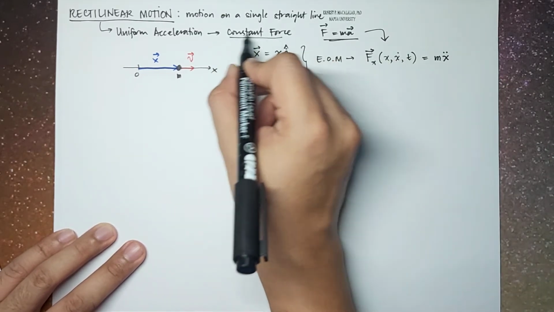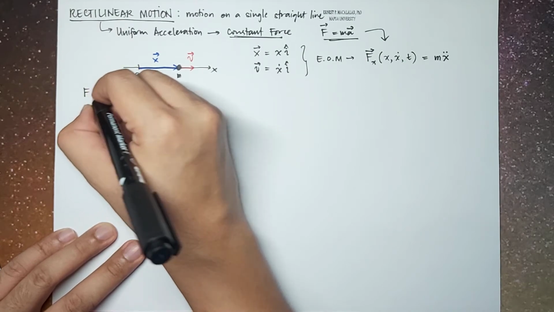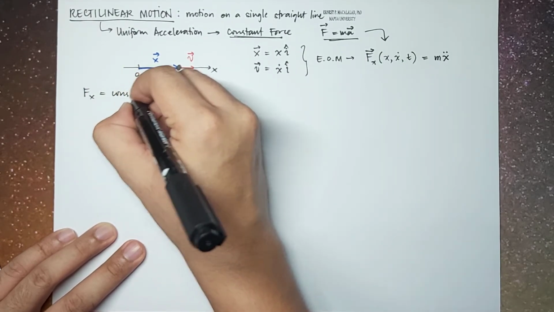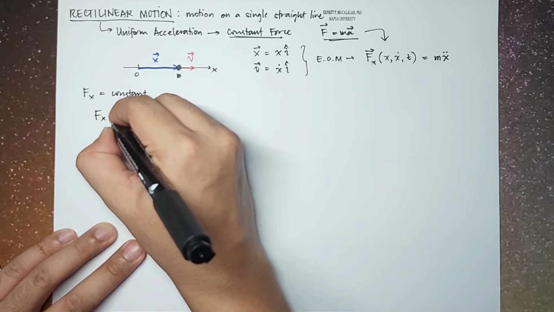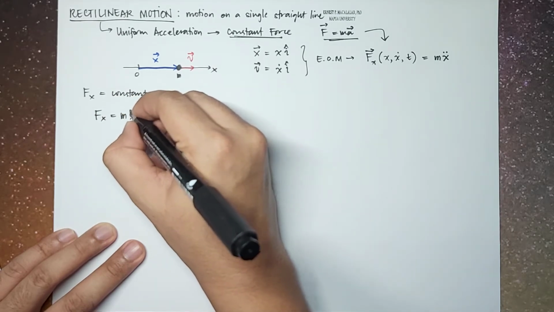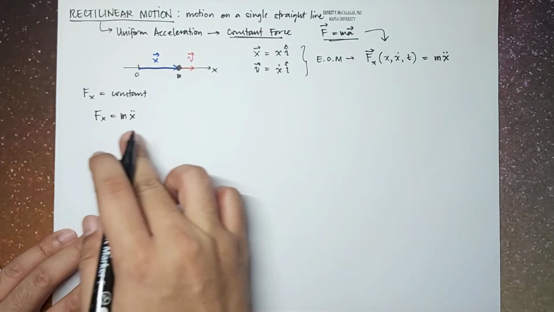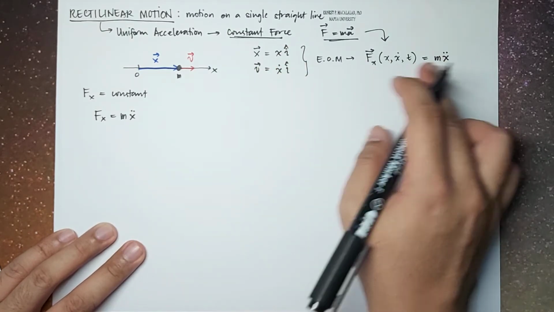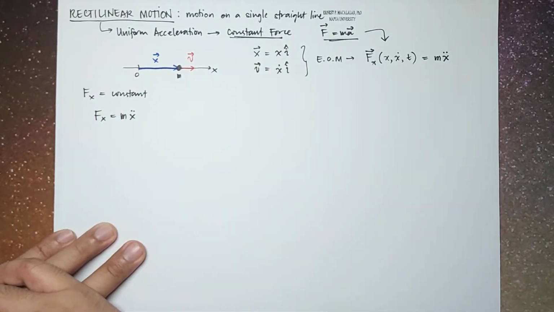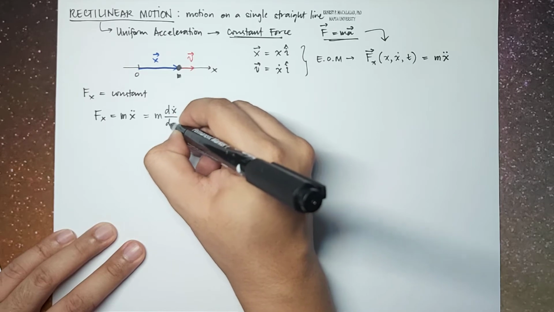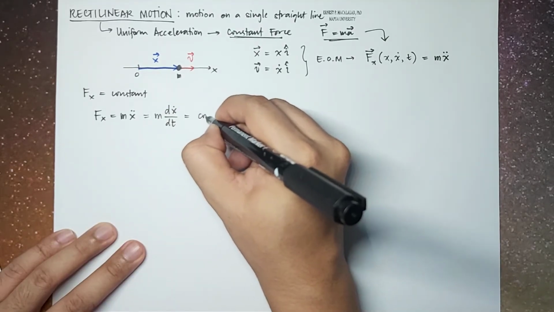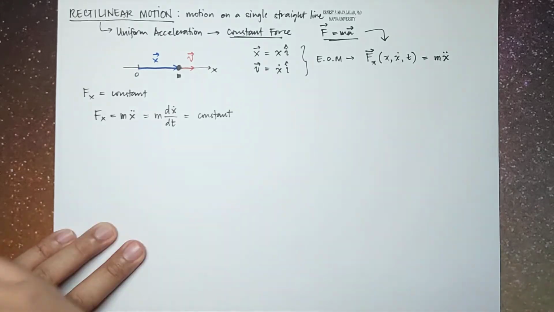Now, if we're going to consider a force that is a constant, that means Newton's second law becomes F_x equals m x double dot. Here we already removed the unit vectors because everything is happening in one direction. So now this becomes m times the derivative of x dot with respect to time, and this is a constant.